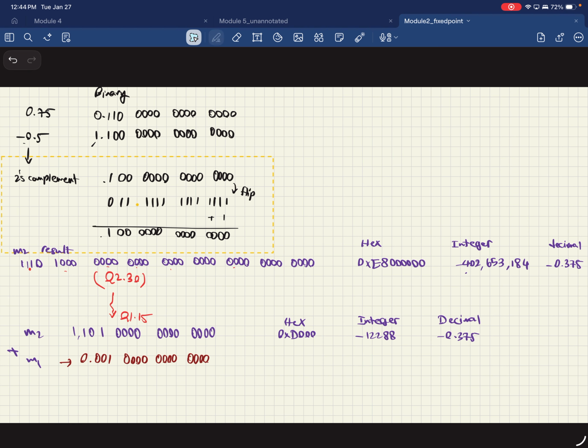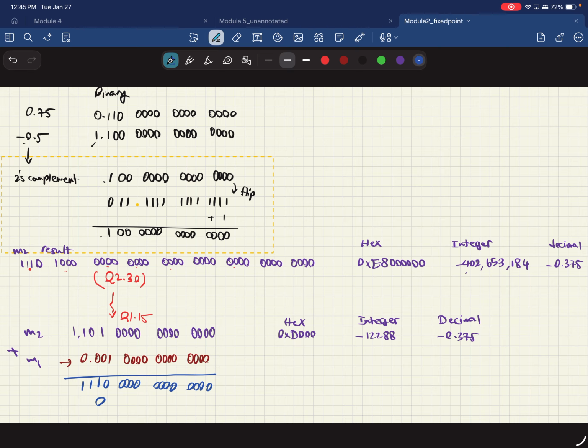If we add them together, then what we are getting is 0, 0, 0, 0. And this is in Q1.15 again. If you convert this to decimal, you're going to get minus 0.25.